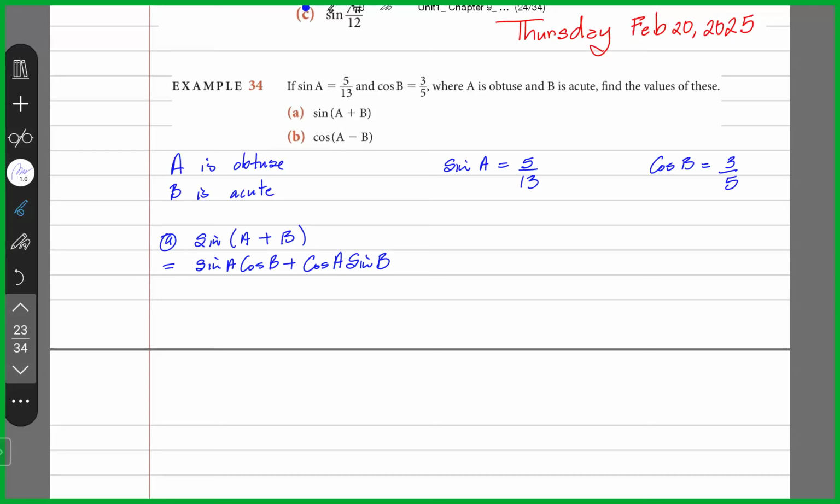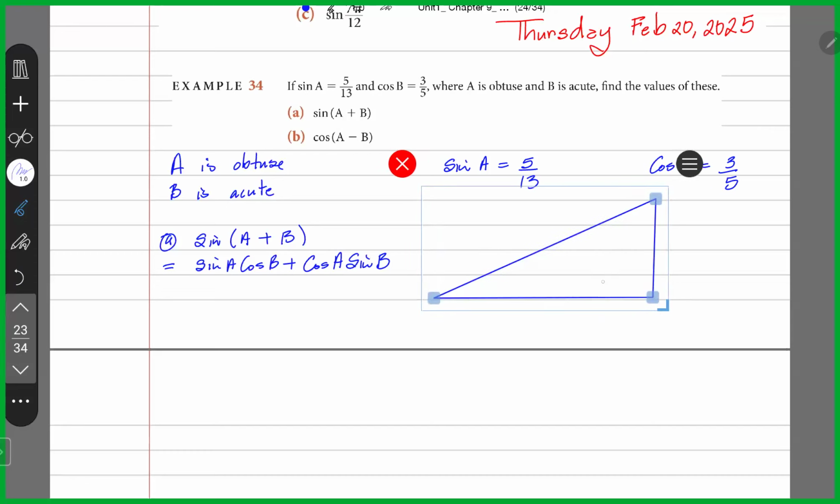Now, to find this out, I'm going to draw a triangle that includes A. It's a right angle triangle, and I'm going to call one of the angles in the right angle triangle A. So this is my right angle triangle, and this angle here, I'm going to call A. I'm doing this so that I can determine the cosine of A, because in order for me to find sine A plus B, I need to know the cosine of A. Now, the sine of A is opposite 5 over hypotenuse 13.